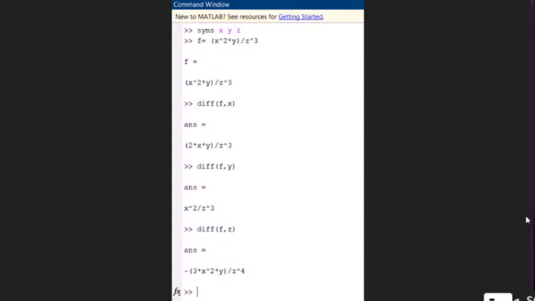We get the answer 2xy per z power of 3. For differentiation of fy, we get x power of 2 divided by z power of 3. And for differentiation of fz, we get negative 3x power of 2 y divided by z power of 4.